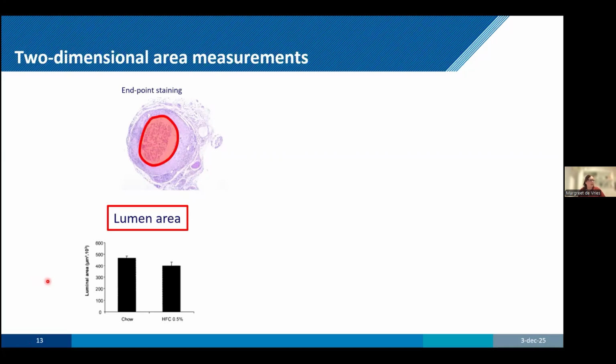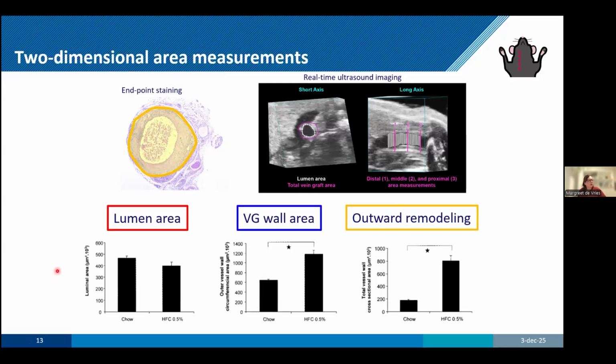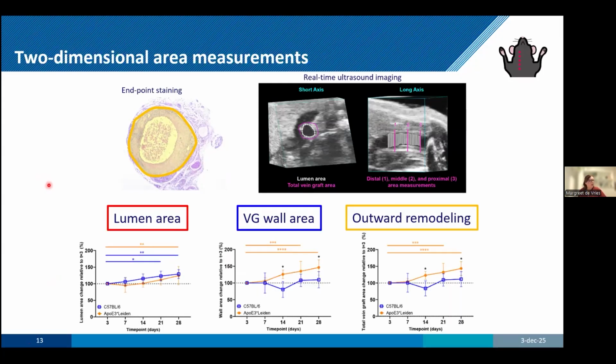So we can measure the lumen, the wall, and outward remodeling as a combination of the lumen and the wall area. But using the ultrasound imaging, we can now also do these measurements in real time, non-invasively, and over time, as you can appreciate here.